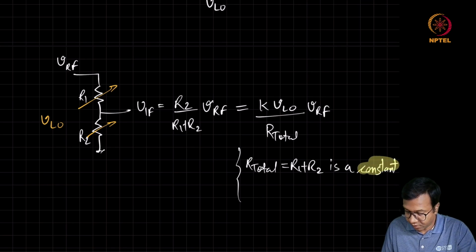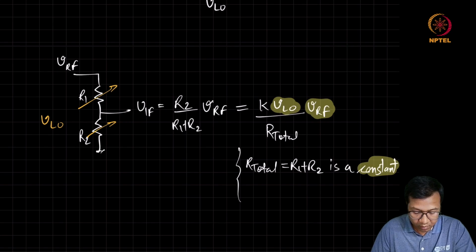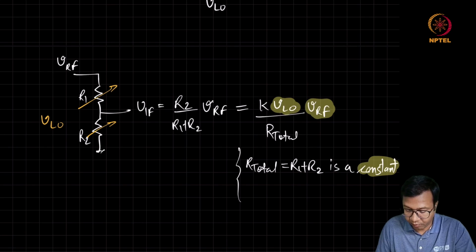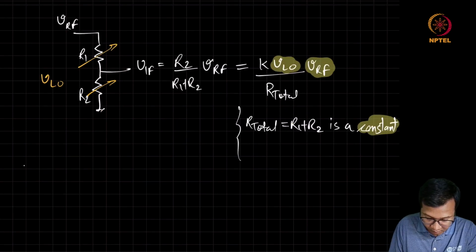If this happens, then the attenuation here is a linear function of VLO, and as a result, we can implement this multiplication using such a simple resistor divider.